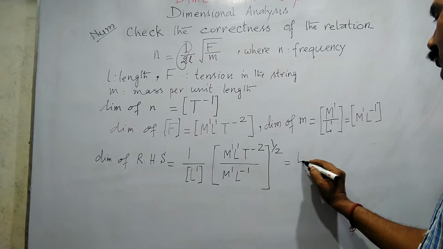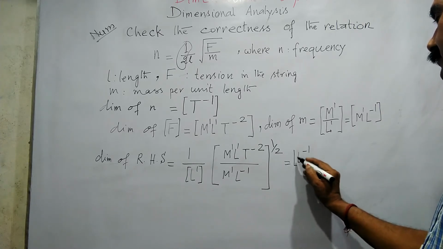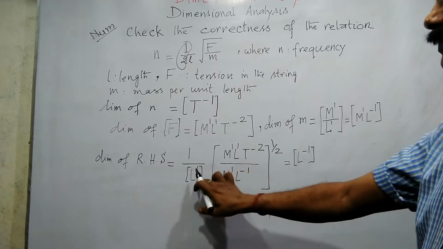Let us take 1 by L, which is L to the power minus 1.